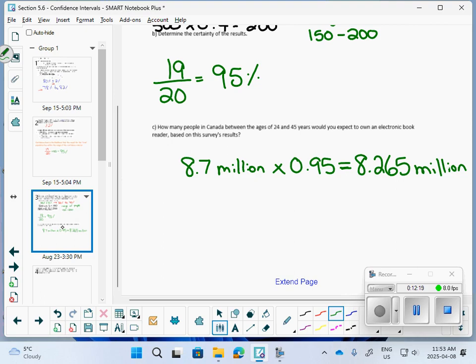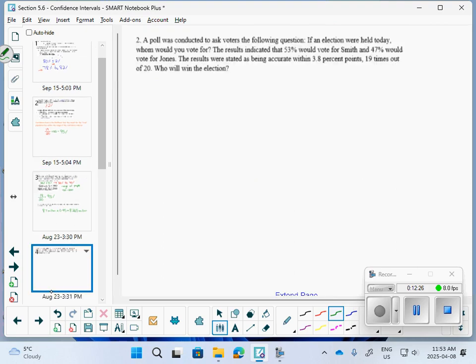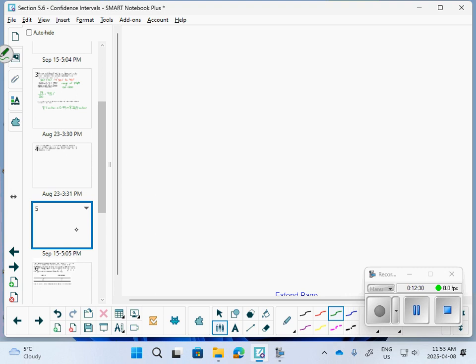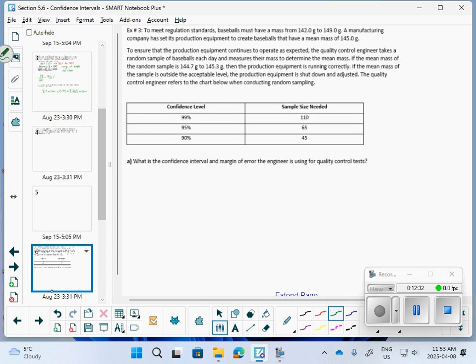We got one more question, something about baseballs. To meet regulation standards, baseballs must have a mass from 142 grams to 149 grams. A manufacturing company has set its production equipment to create baseballs that have a mean mass of 145.